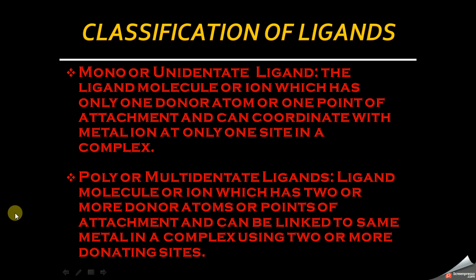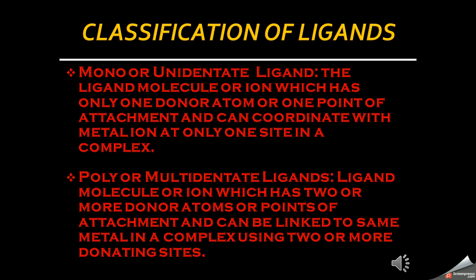Then types of ligands or donor groups. First is mono or unidentate ligand. The ligand molecules or ions which have only one donor atom or one point of attachment can coordinate with a metal ion at only one site in a complex.